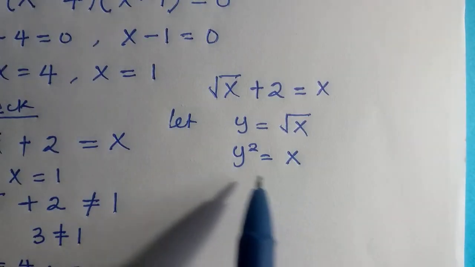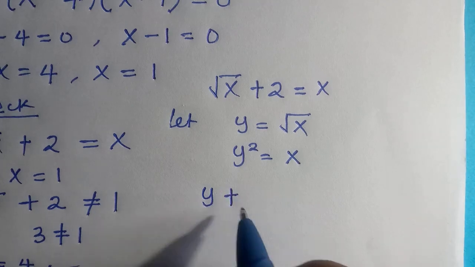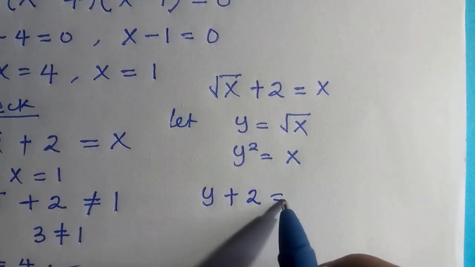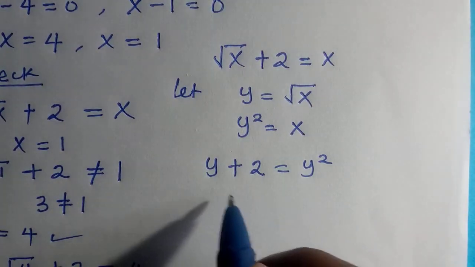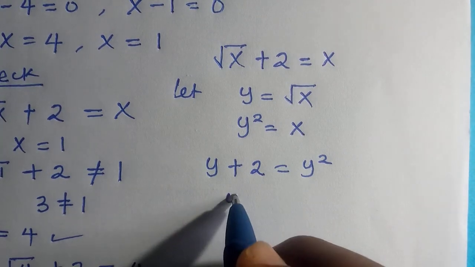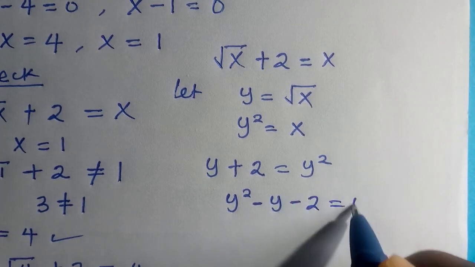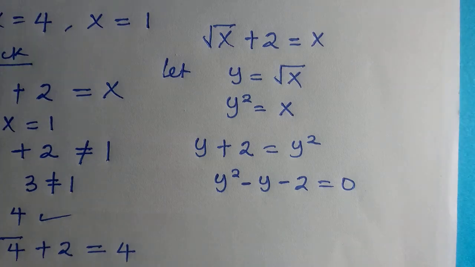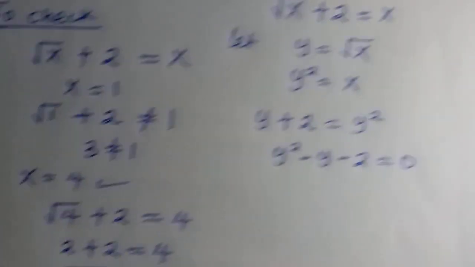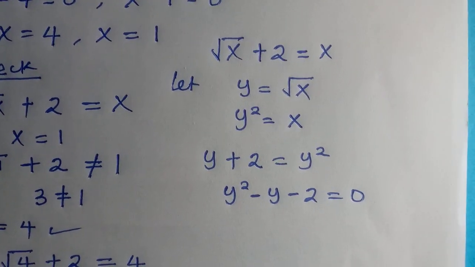So we do the replacement: if this is root x, we change it to y, plus 2, everything equals y squared. We can consider this by rearranging as y squared minus y minus 2, everything equals 0. Here is another quadratic equation, which you can also solve. When we solve it, we get the same value as we did here. So that is how we look at it from a different perspective of solving a math problem.